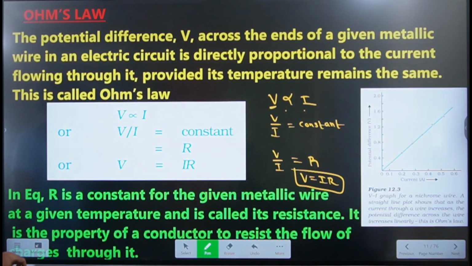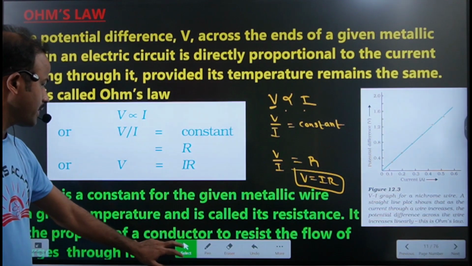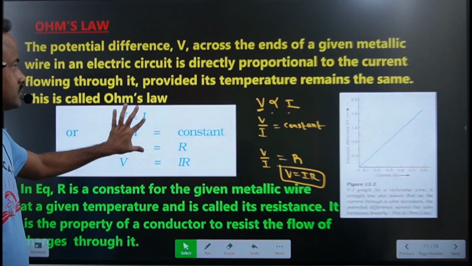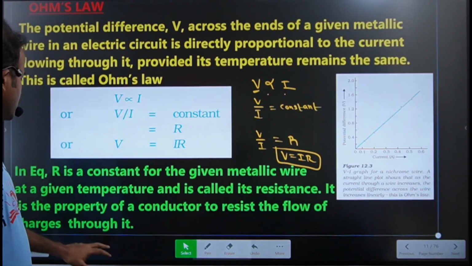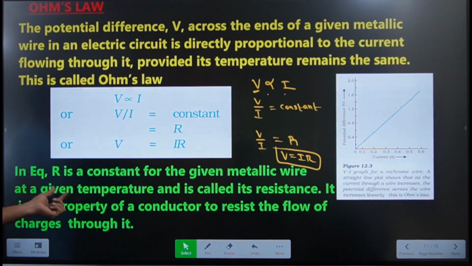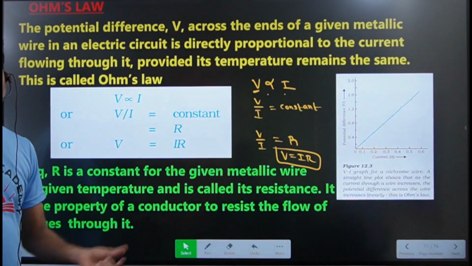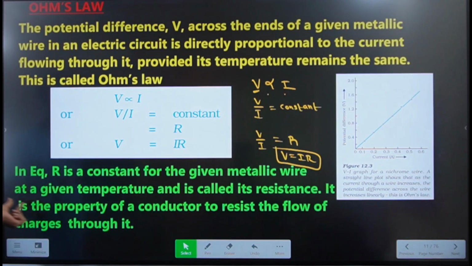What is this? Resistance. Okay, now see, in equation R is a constant for the given metallic wire at a given temperature and is called its resistance. It is the property of a conductor to resist the flow of charges through it.